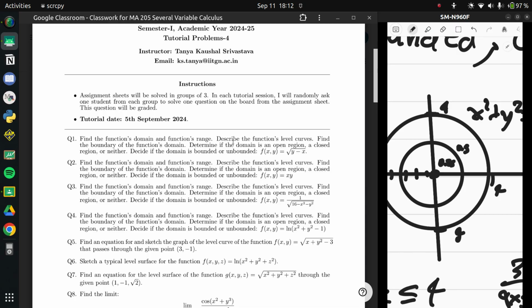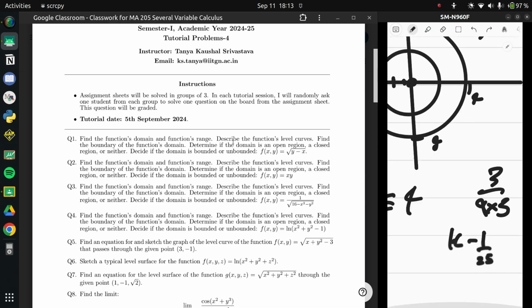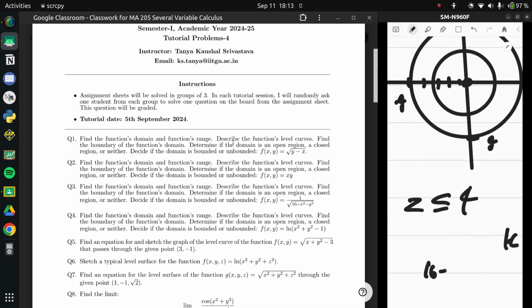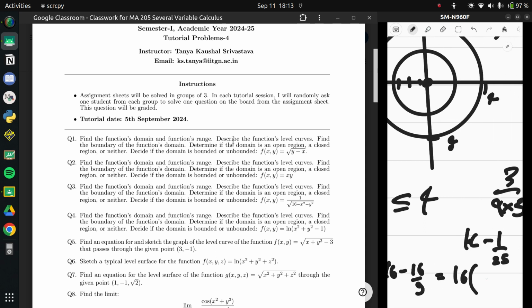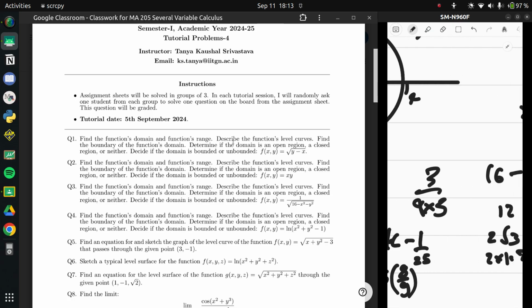Okay. Next, what we want is for z equal to 1, I suppose. No, that's not a way to do. Z equal to 3 by 4 is the next thing. So this is 16 minus 16 by 9. It should be something like 16 times, so 9 minus 1 is just 8, 8 upon 9. So take a square root of that. So 4 by 3 times 2 square root of 2.